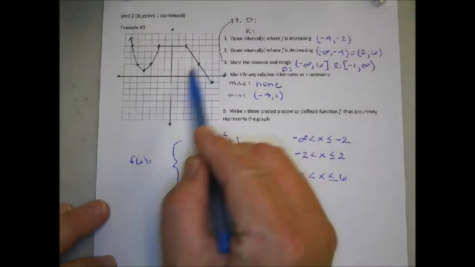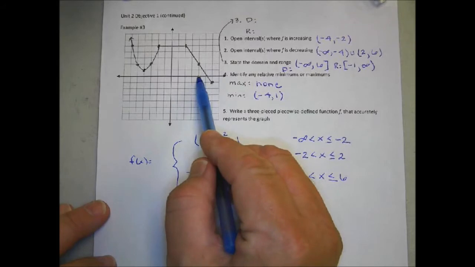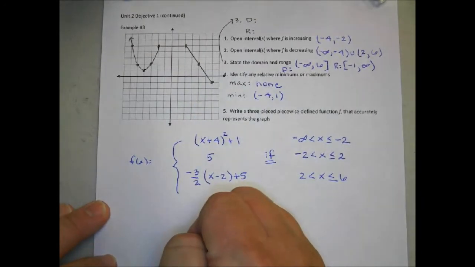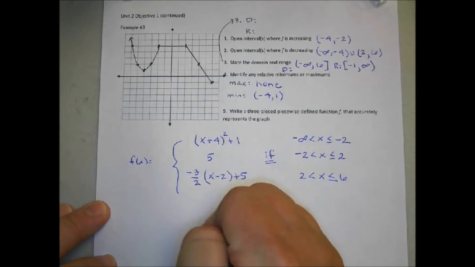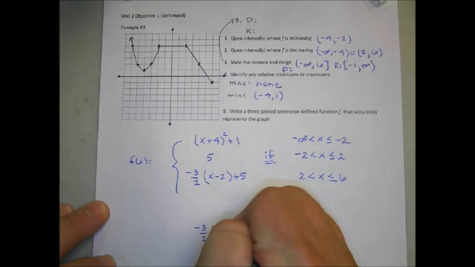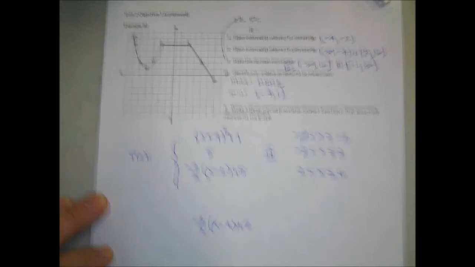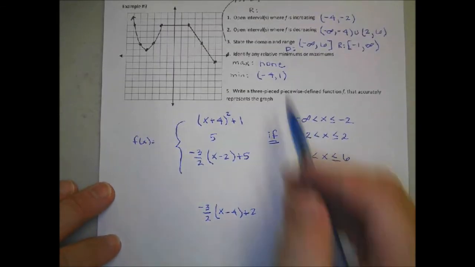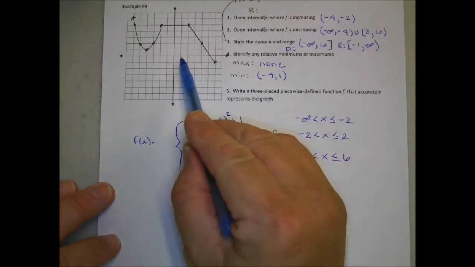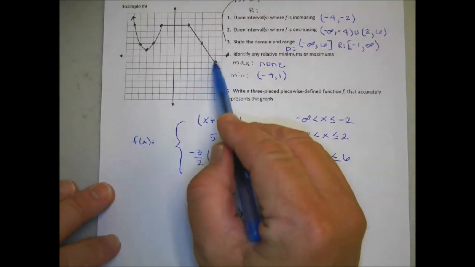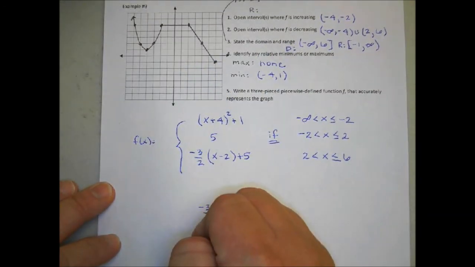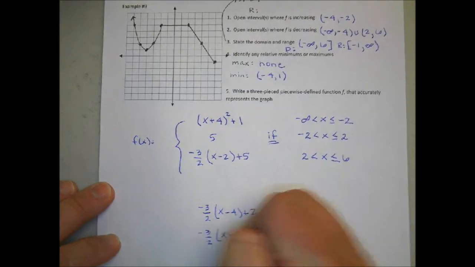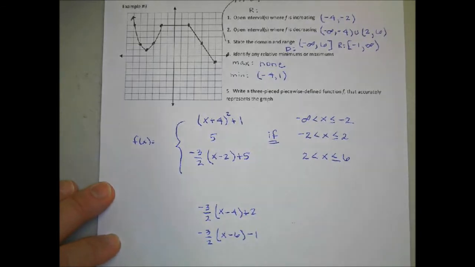So let's use this point instead. +4, +2. That would be -3/2. The slope hasn't changed, but x minus 4 plus 2. Now, what if you wanted to use this point, which is 6, -1? -3/2 x minus 6 minus 1.